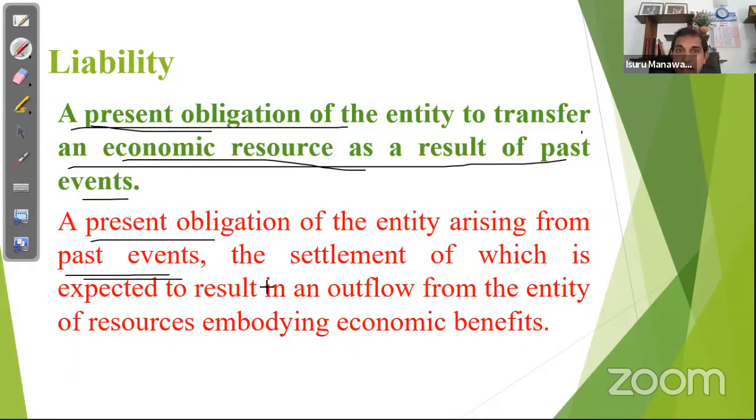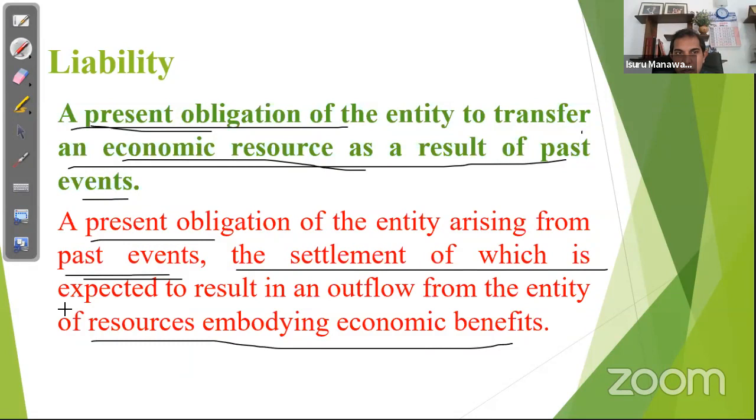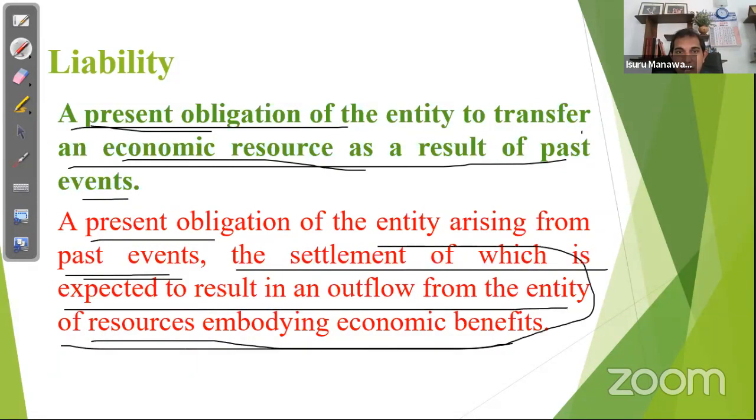But in the old definition, the settlement of which is expected to result in an outflow from the entity of resources embodying economic benefits. In the old definition, they are trying to explain by using many words. But here, transfer and economic resources.